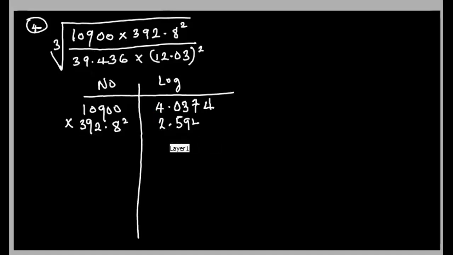Before you add, don't forget that there is a square on this number here. As you know, for powers, you multiply by 2. So multiplying by 2, on the calculator, 2.5942 times 2 gives us 5.1884.